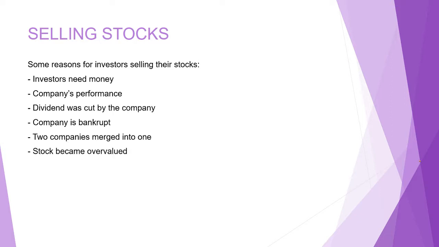Another one is the stock becoming overvalued. So if the stock has increased by a good amount, selling the stock might be a great idea. You can use that money to put into other stocks that might be cheaper. Last one, better stocks have come into the market.